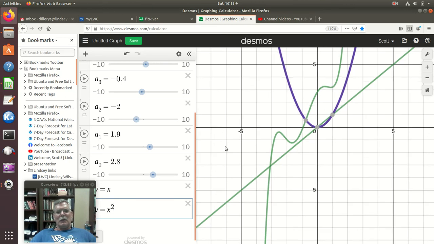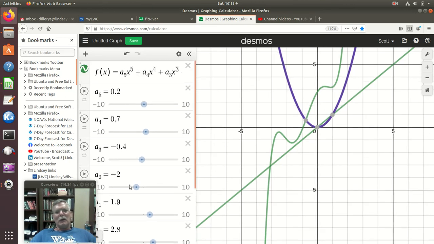Okay, and really these two are telling us a lot about the behavior of all the other polynomials. So y equal x is a polynomial, and y equal x squared is a polynomial. They just happen to have all their other coefficients 0, and the one coefficient they have that's non-zero is 1.